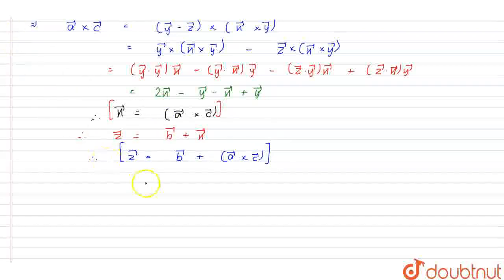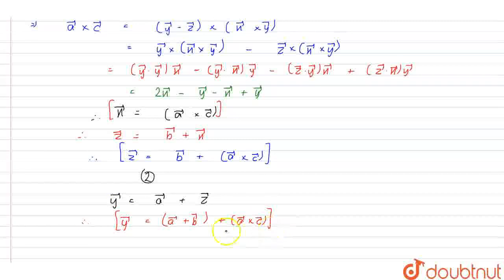Now finally, using equation 1, we get y vector equals a vector plus z vector. So using the value of z, we get y vector as equal to a vector plus b vector plus a vector cross c vector. Hence we have found the values of x, y and z in terms of a, b, c. Thank you.